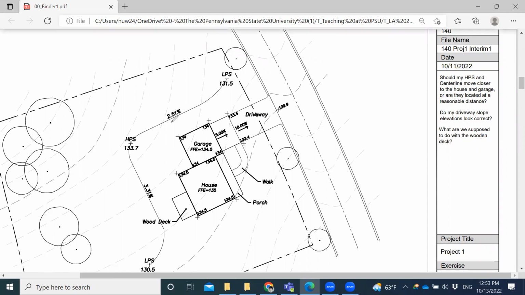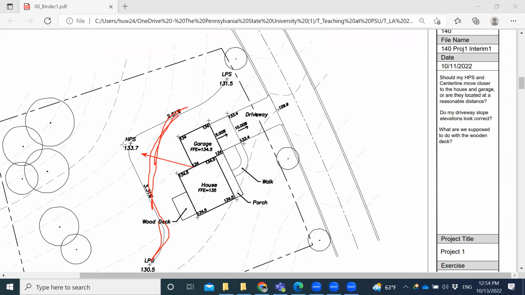Is this portion too far away? That is okay, and the reason is that I need to drain that corner. This area in the middle right now is very flat. So by pulling the HPS closer to your building, now the distance becomes that.